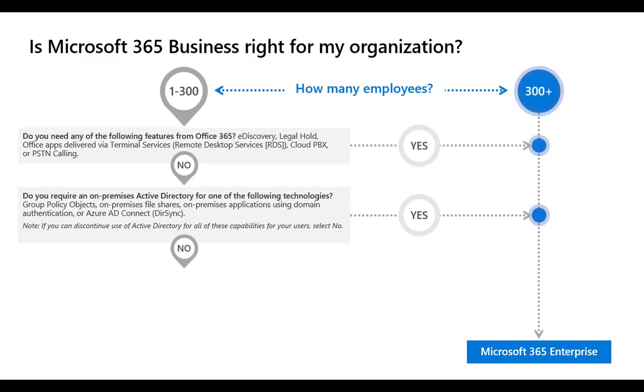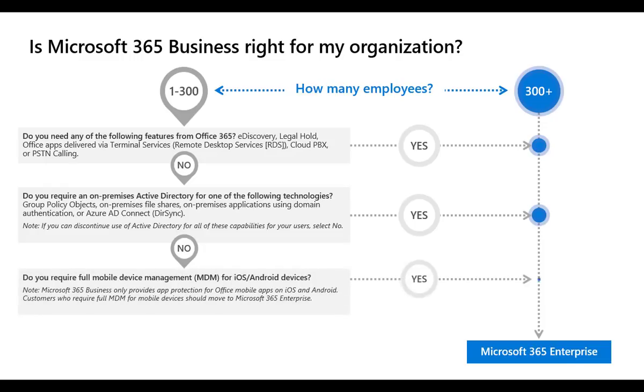But again, what we find is that a lot of the smaller clients really don't need a domain controller. They don't have very complex group policy requirements. So if they can eliminate that, we can now go down to the point and ask ourselves, okay, do they need the full device management? Okay, so the full device management is basically Intune.